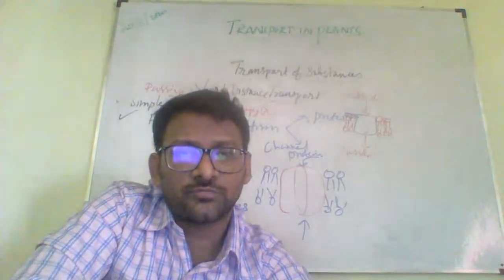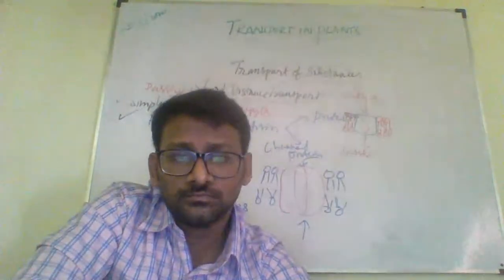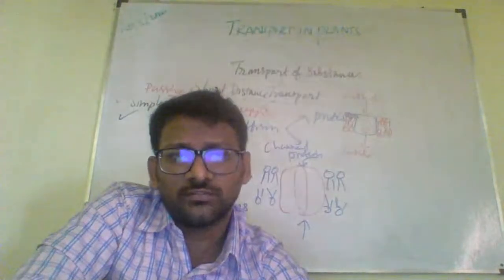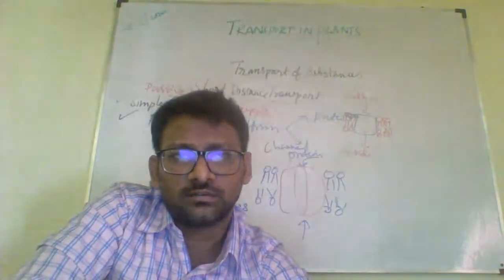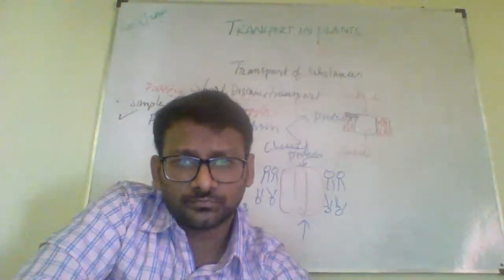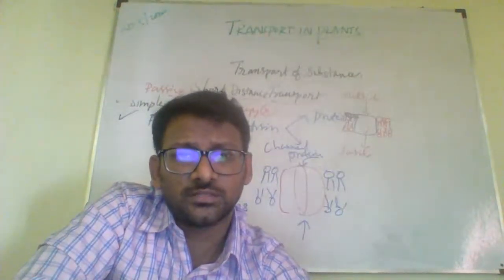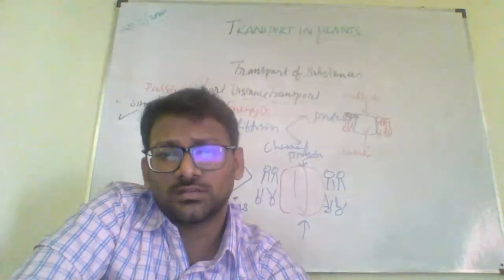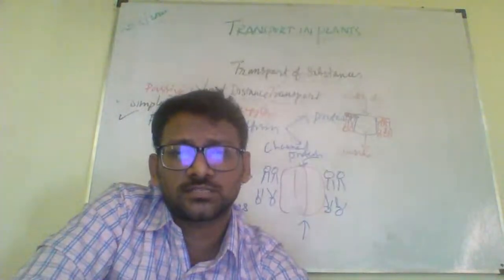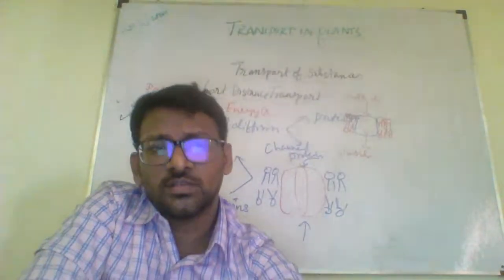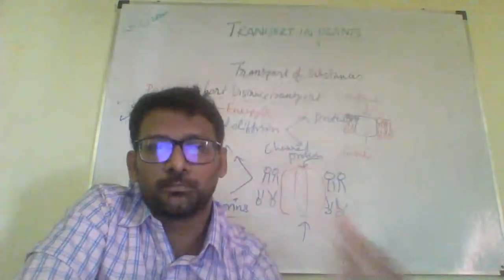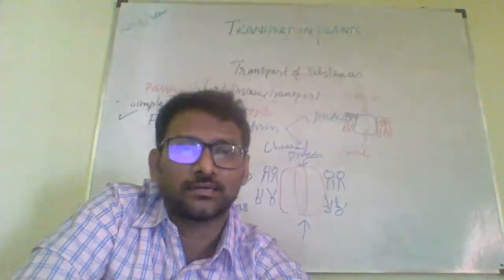So this is about facilitated diffusion, right? Within facilitated diffusion, we'll be talking about three important aspects: uniport, antiport, and symport, and how these occur.